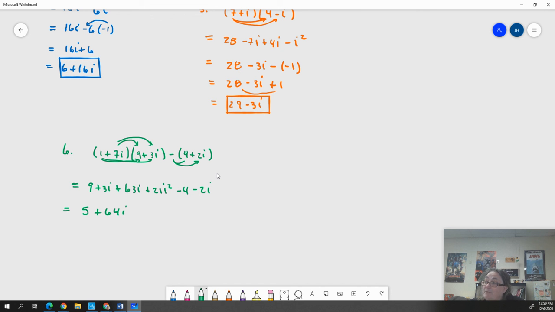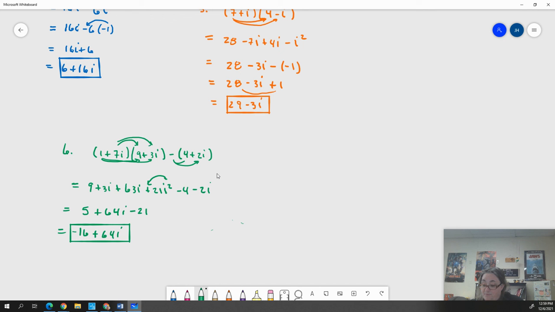It's positive, right? So all this i squared is going to do is change this sign to a negative, and I get negative 21. And so I can combine that now with the 5. 5 minus 21 is negative 16 plus 64i. So that's about as hard as it's going to get.